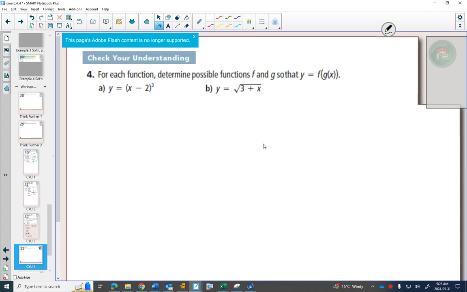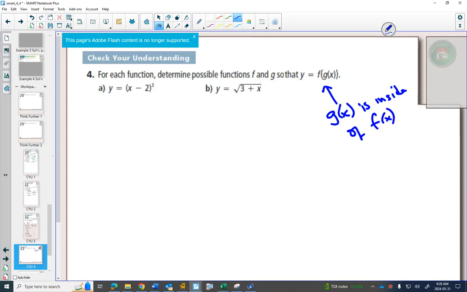What we're looking for when you have a composition of functions, this really means g of x is inside of f of x. And if you can think of that, you're going to be able to see the composition of functions easily.